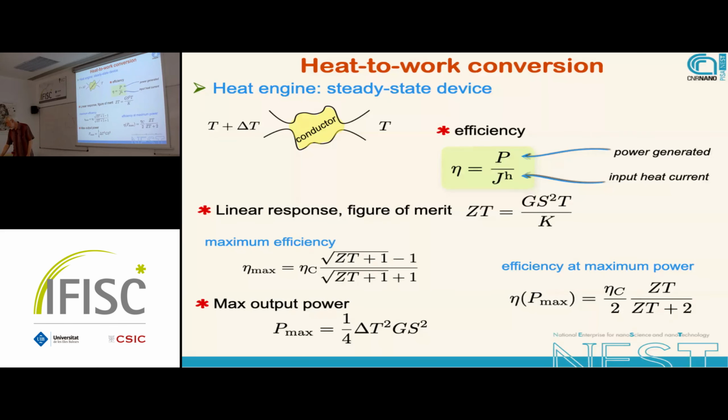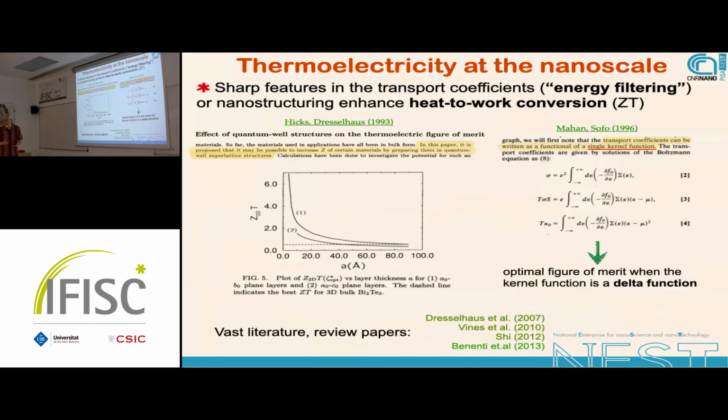Now, why is it interesting to look at thermoelectricity at the nanoscale? Why are people looking at the nanoscale? Because usually this ZT figure of merit is very small in materials.